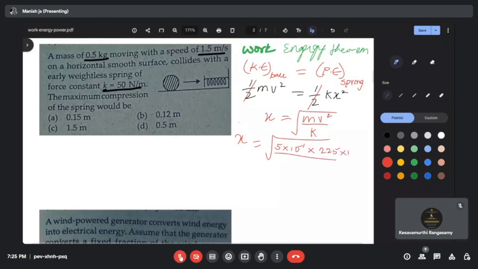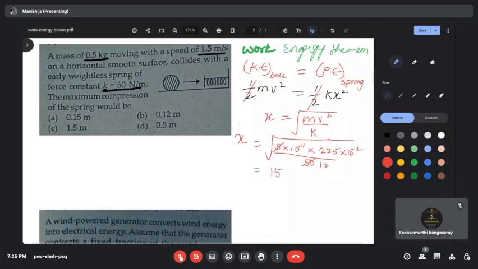Times 10 raised to minus 2. Okay, upon k is also given as 50. Now you just need to go for a simplification. Then that 15 square you can take it directly out. I will not expand it also.